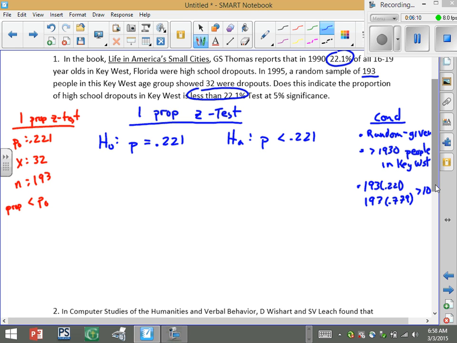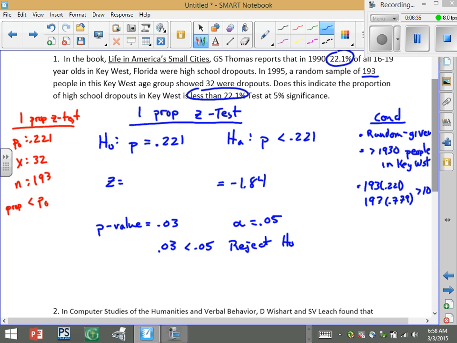So here's the beauty of running that test. Now we just go back and fill in all the mechanics of it. So I know my z-score is negative 1.84. The p-value here is 0.03. They say use alpha as 0.05, so 0.03 is less than 0.05. So we will reject the null. Now let me go back and fill in the z formula.